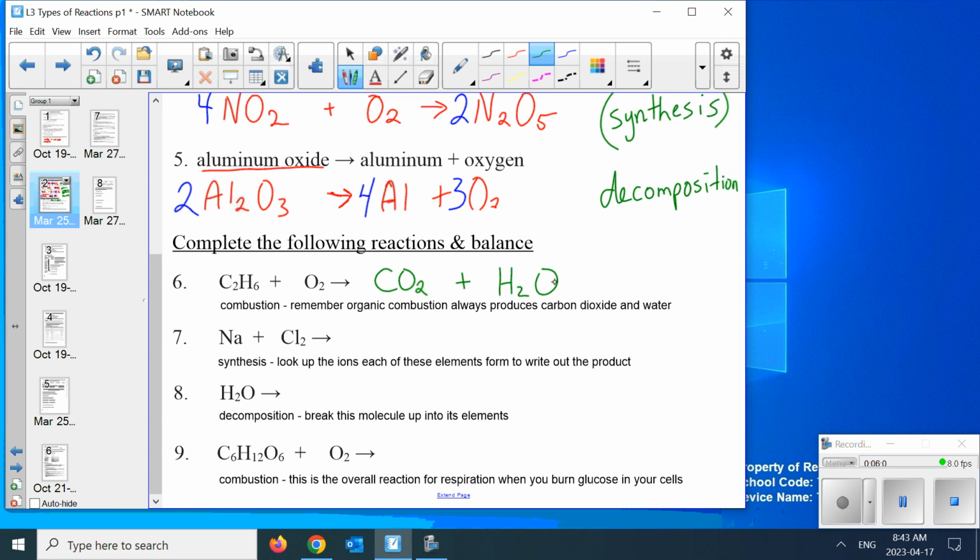Sodium and chlorine come together. They're going to form one thing. But we have to know what the charge on a sodium is. So you look on your ion sheet, the periodic table of ions, that side, not the side with all the numbers. And you look up sodium, and you see that it's +1.